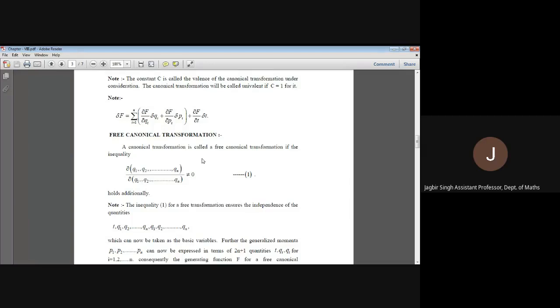It holds. Then we will say that the transformation is a free canonical transformation.